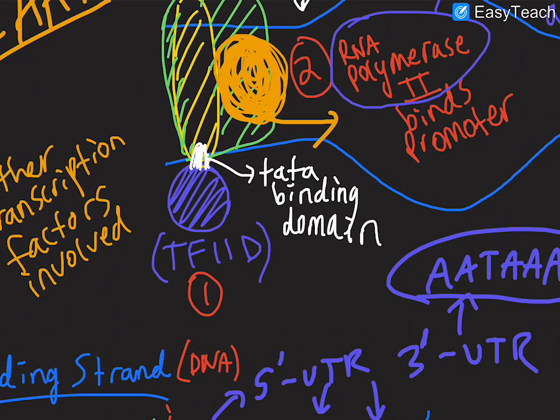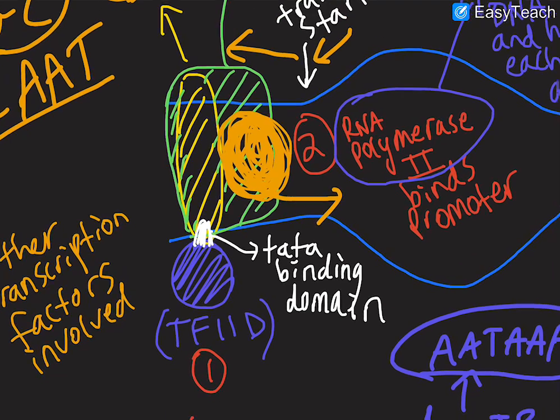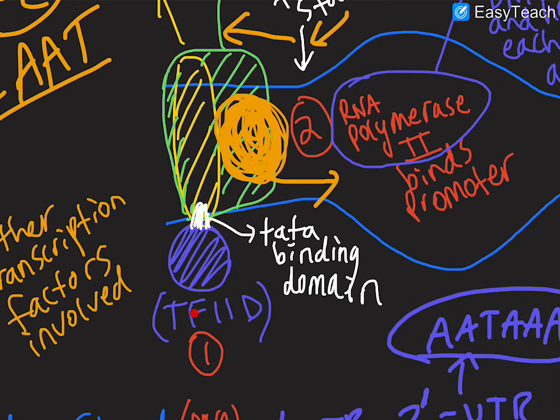These are very important because, before the RNA polymerase binds to the Tata box, transcription factor 2D will bind to the Tata box, because transcription factor 2D actually has a Tata binding domain.